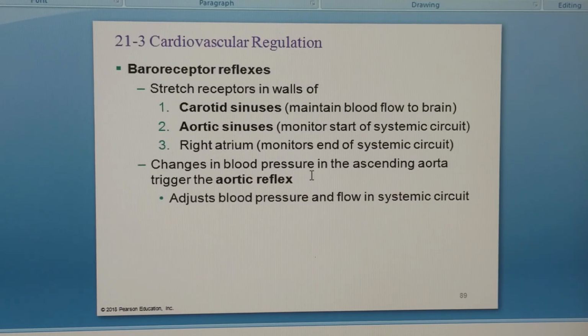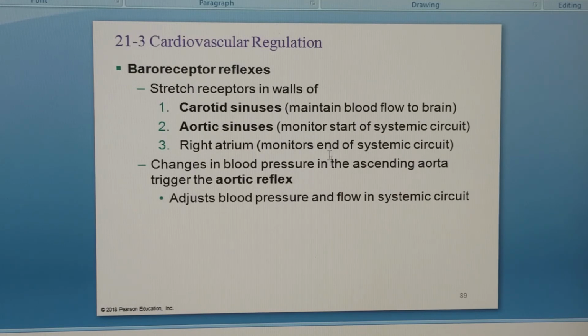The baroreceptors, stretch receptors in the walls of the carotid sinuses, maintain blood flow to the brain, and the aortic sinuses monitor the start of the systemic circuit. The right atrium monitors the end of the systemic circuit.